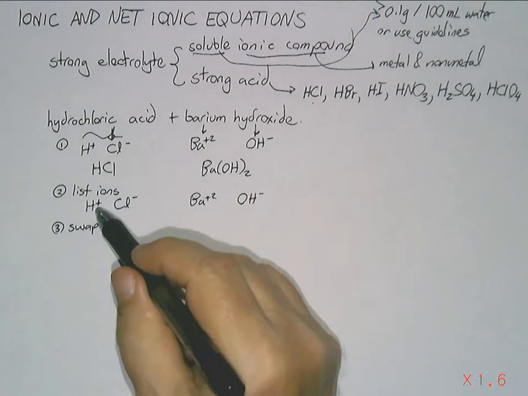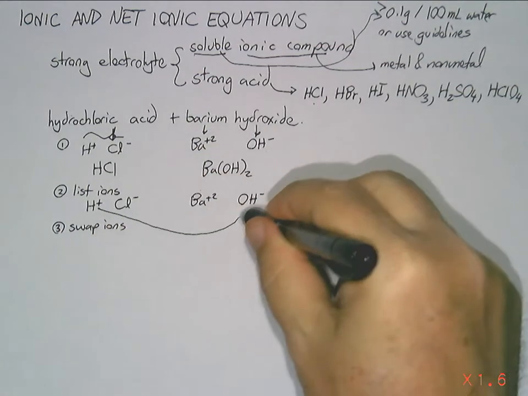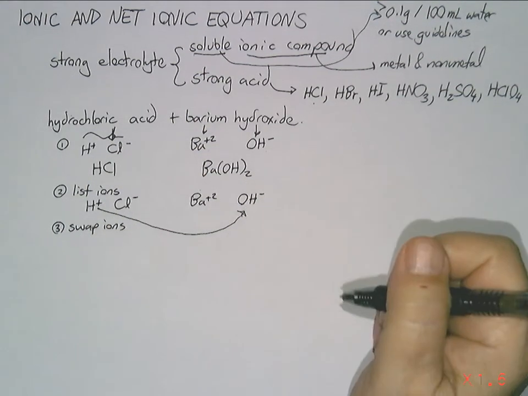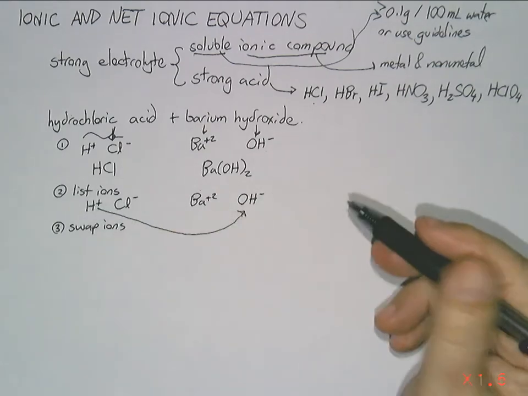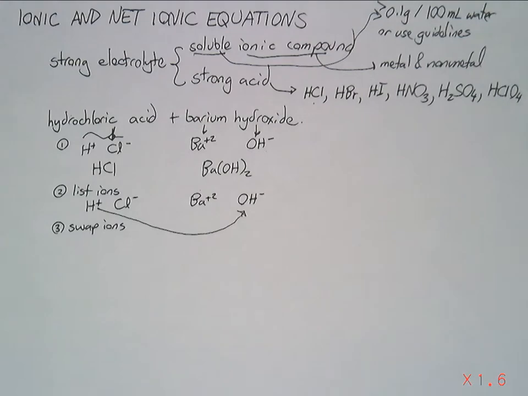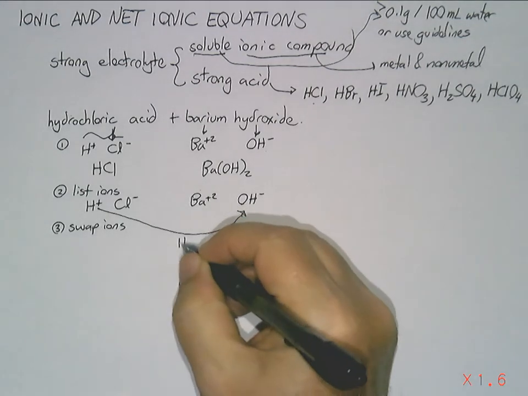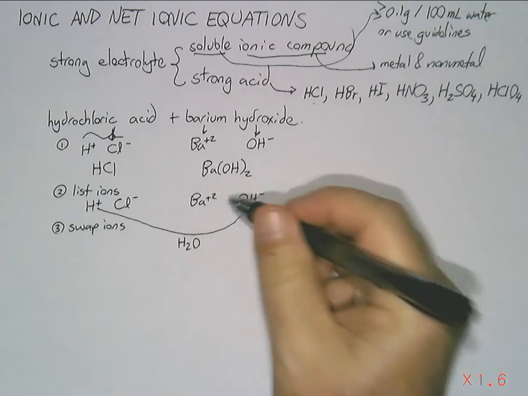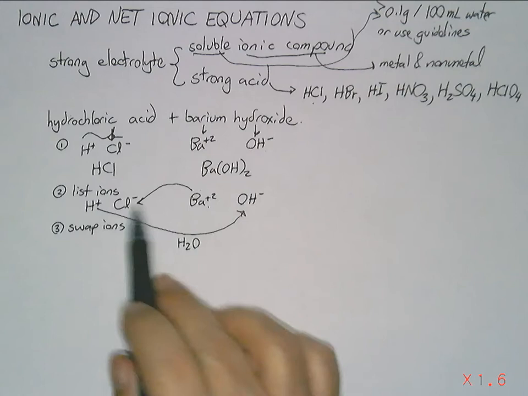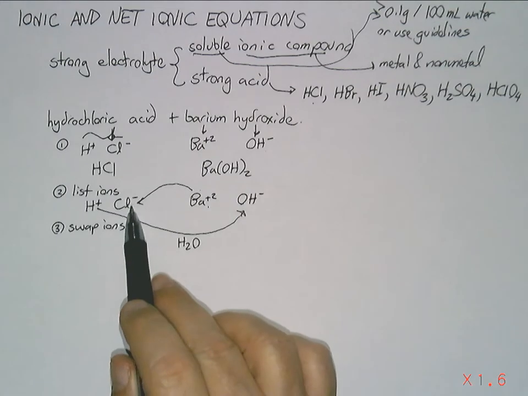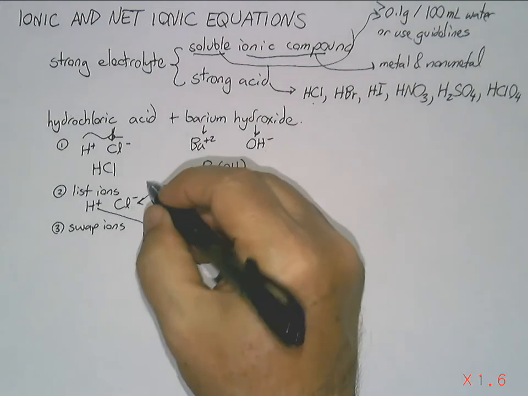So I'm going to make the plus ion from this go after the negative ion here. And what am I going to get? H plus and OH minus should give me HOH, which is really what we call water. And if I make the plus here go after the minus there, if I push these two together, I'm going to need 2 chlorides for every barium.